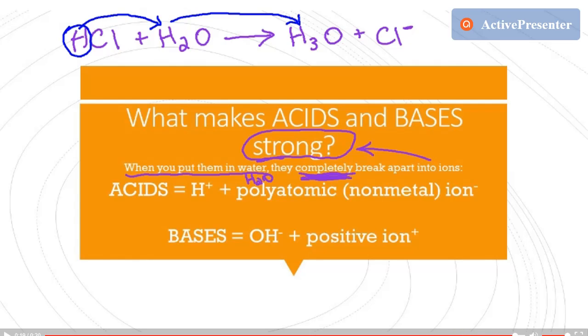And then the chloride that's left over after you take the H and put it in with the water, the chloride ends up as its own ion.